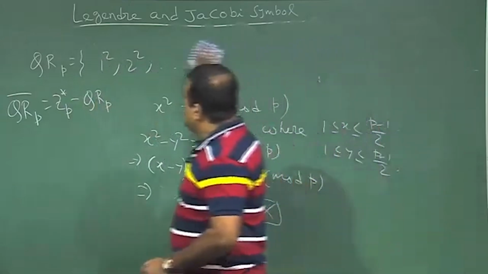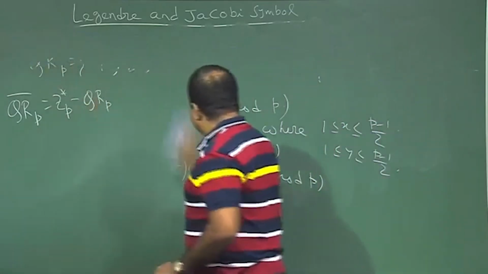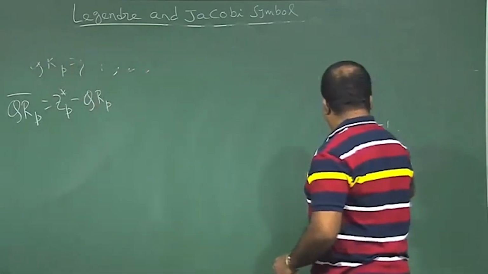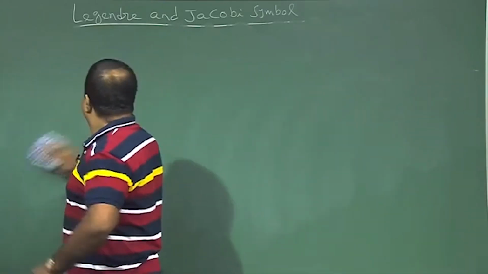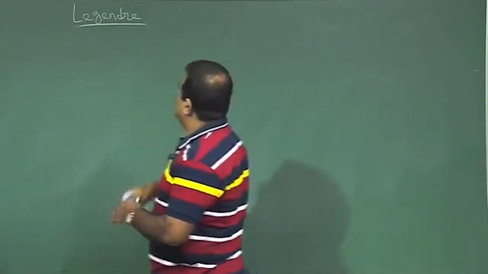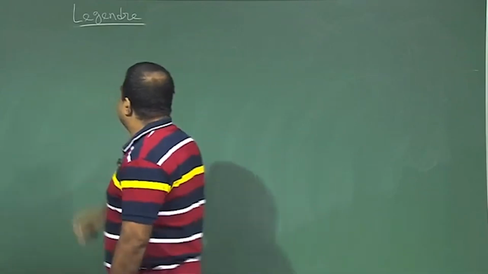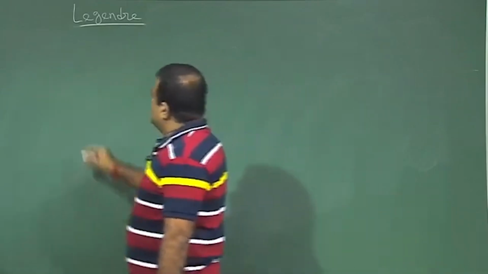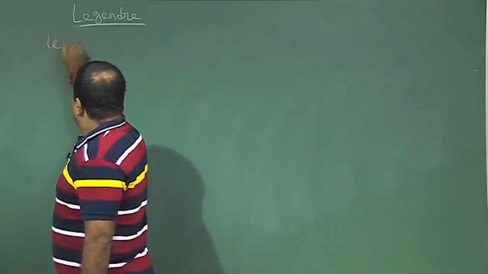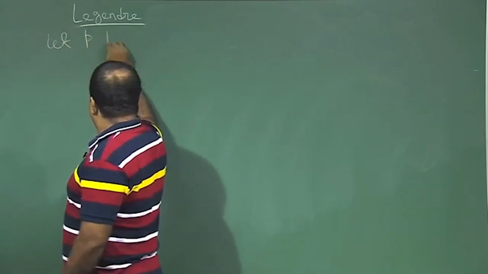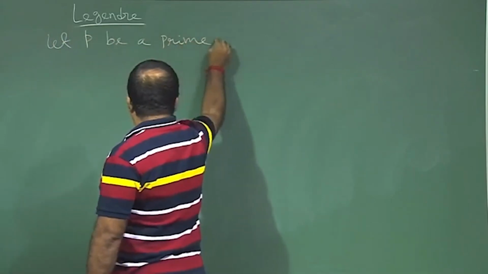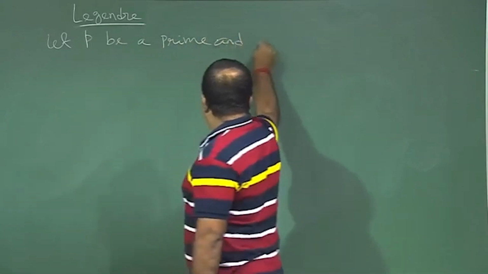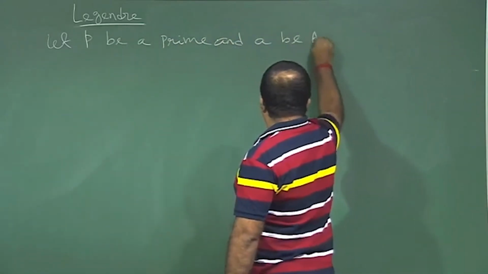Now we will define what is called the Legendre symbol. Legendre symbol is basically defined as this. Let p be a prime. For Legendre we need p to be a prime number, and a be any integer.